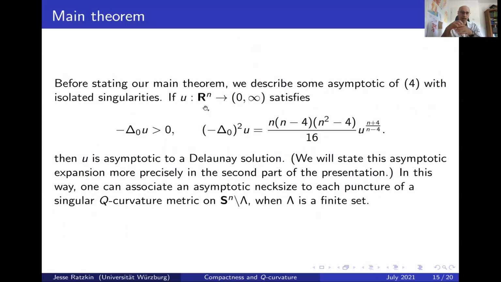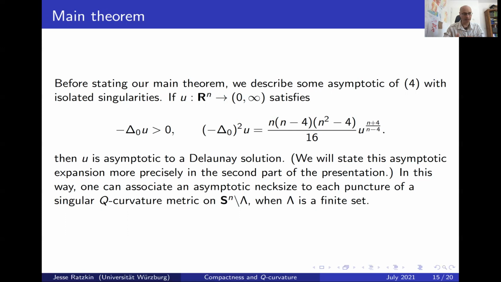This means that, and again, this is something we'll state more precisely in part 2 of the talk, one can associate an asymptotic neck size to each puncture. So I should remember that I have a metric on a finitely punctured sphere that has constant scalar curvature, positive scalar curvature and constant Q-curvature.